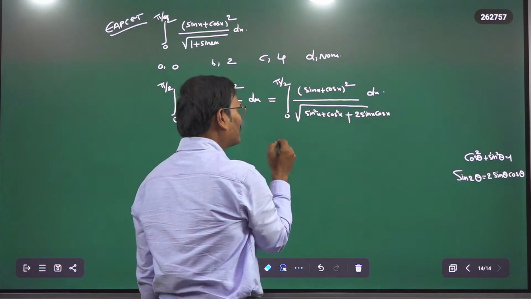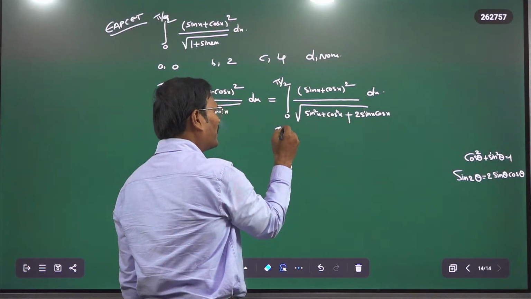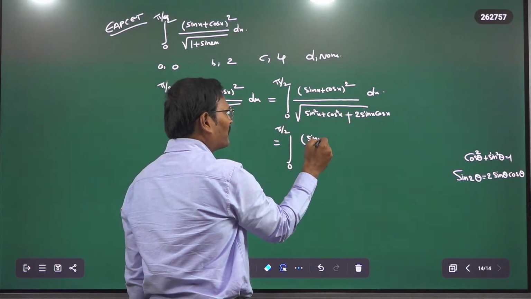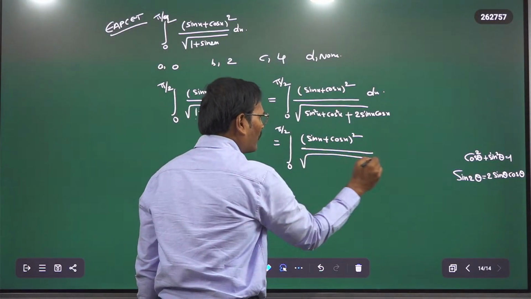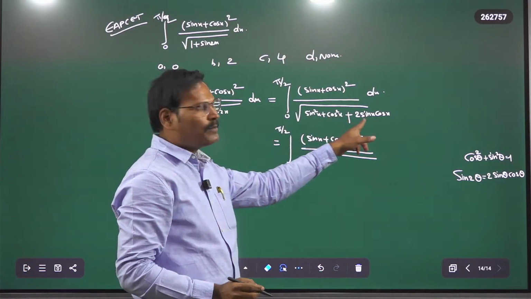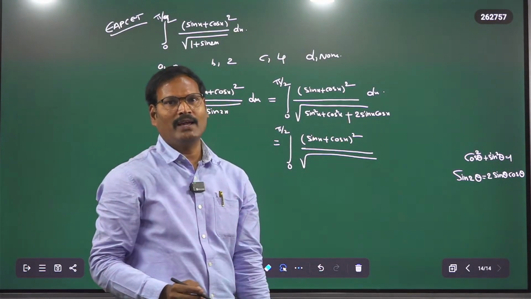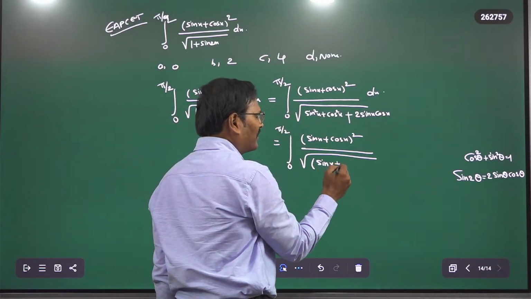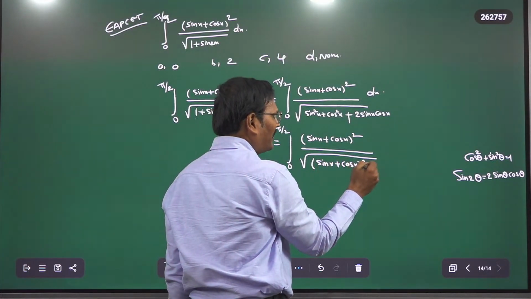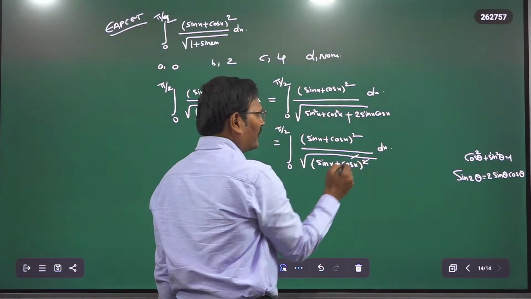Cos x dx. Integral 0 to pi by 2, sin x plus cos x whole square by under root of a square plus b square plus 2ab. So we can write a plus b whole square. So sin x plus cos x whole square dx. So square root gets cancelled.